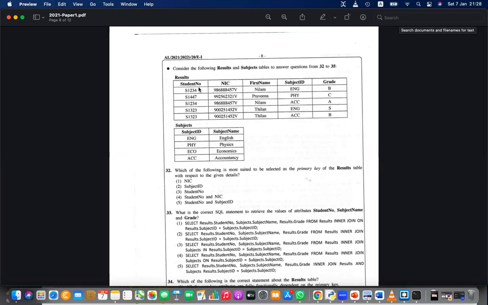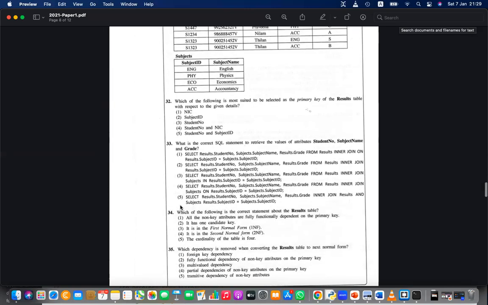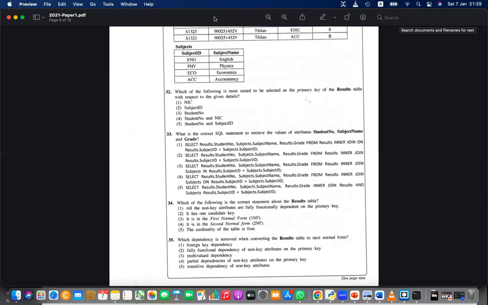Student number and the subject ID, let's try that. 1234 English, 1234 accounting, that is okay. 1323 engineering, 1323 accounting. Yes. Student number and subject ID is the better pair. That is number 5. Your answer is 5, exactly.